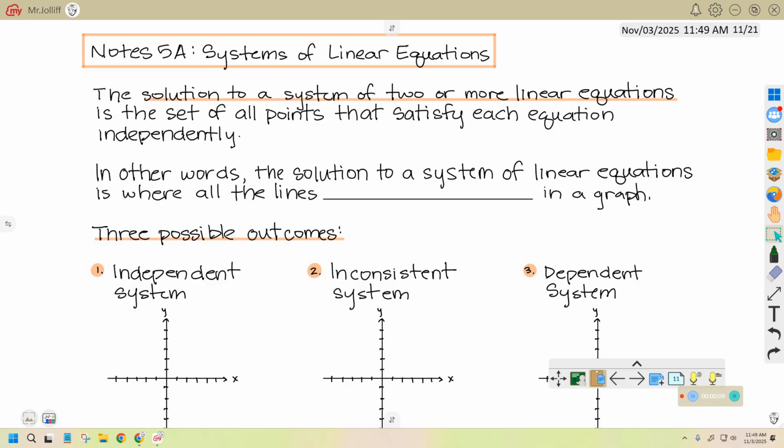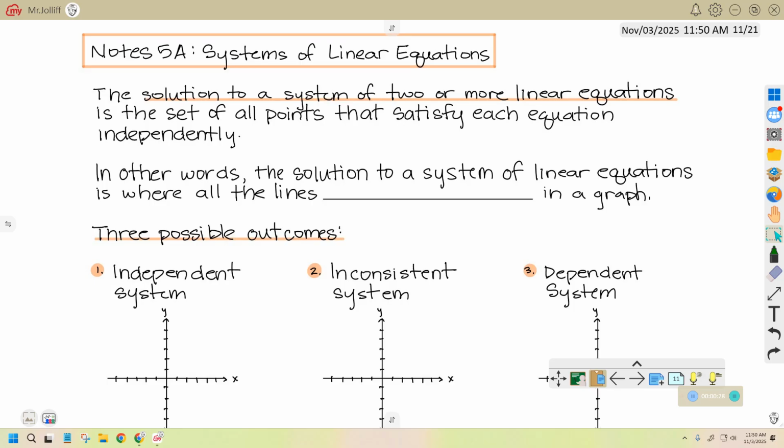All right, I need your attention up front, please. Today we're talking about systems of linear equations. So equations in two variables, x and y equals mx plus b, or something that is equivalent to that expression.